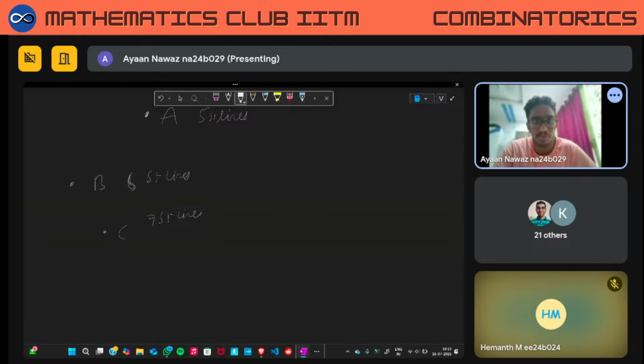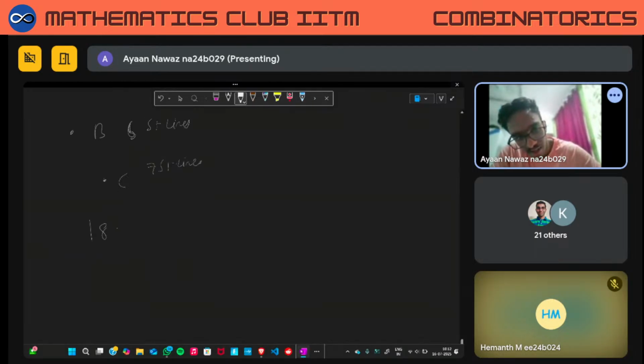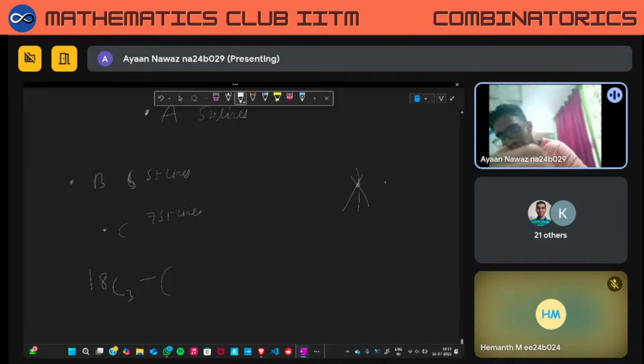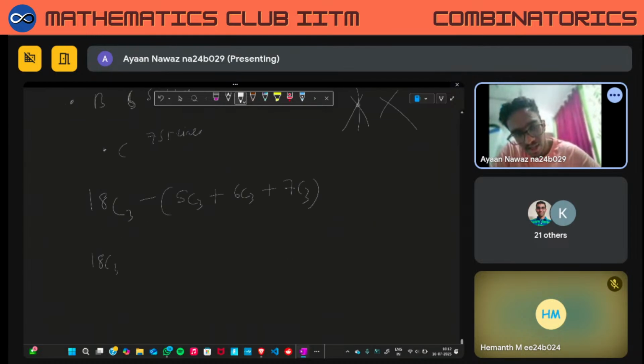So 18C3 ways of selecting 3 lines out of these 18 lines, minus 3 lines passing through the same point, which will never form a triangle. So all selections in which all 3 lines pass through point A, plus selections in which all 3 lines pass through point B, plus selections in which all 3 lines pass through point C. That is 18C3 minus (5C3 plus 6C3 plus 7C3).